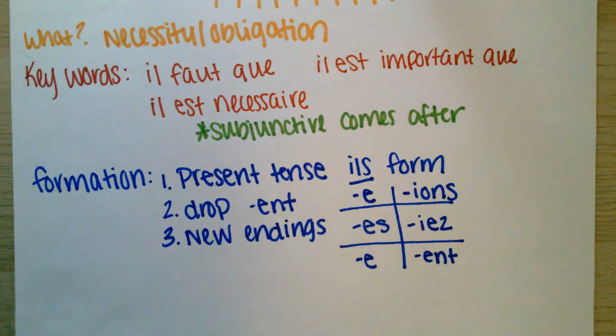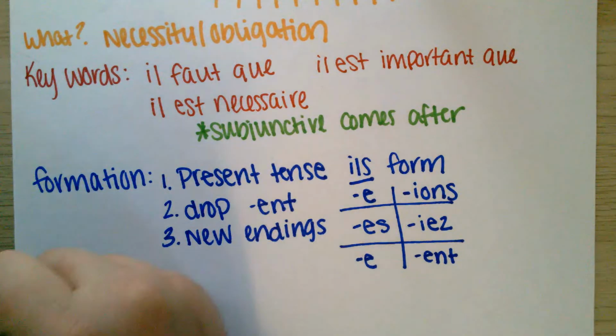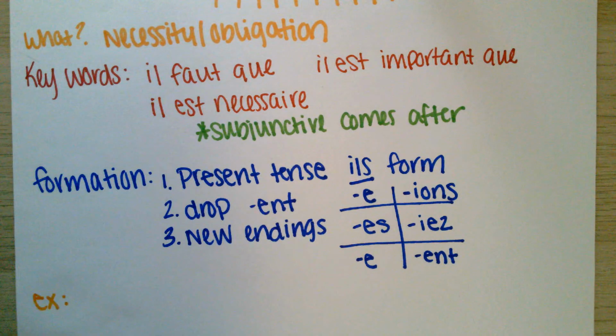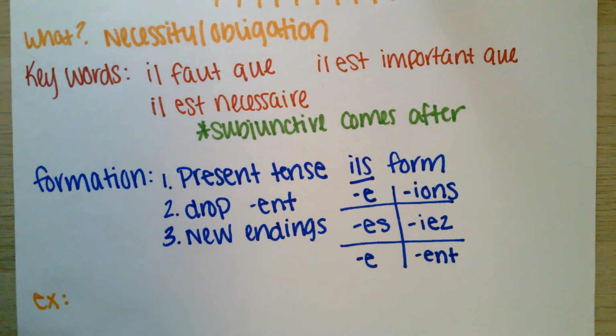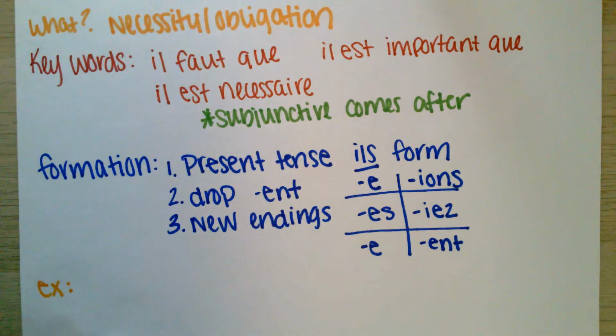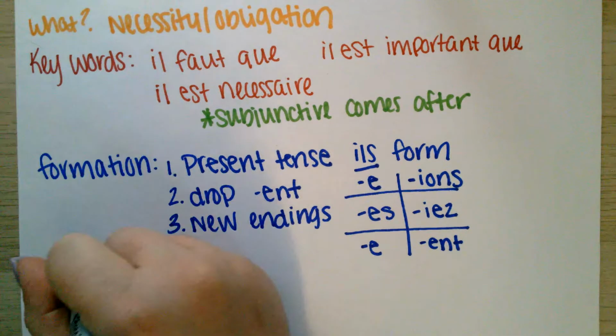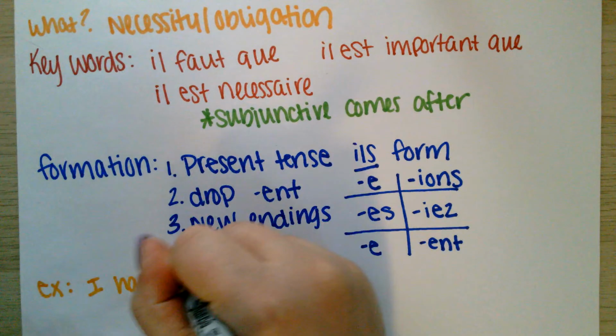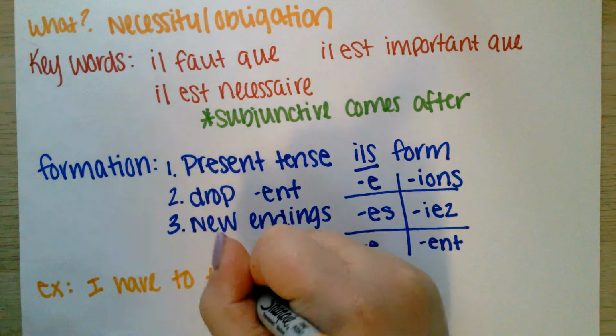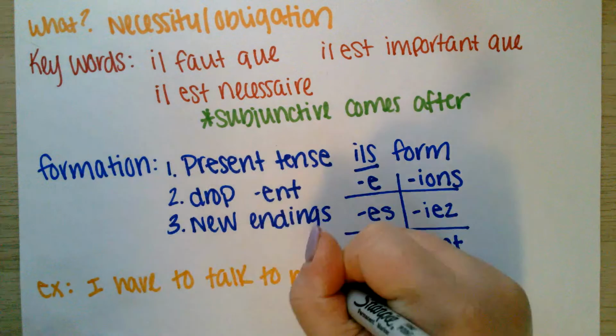All right, our first example is parler. Like I need to talk to, or I have to talk to. It's important that I talk to, and let's just say Madame. So in English, I have to talk to Madame.